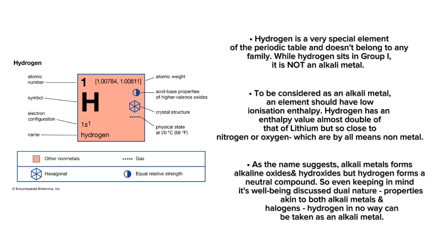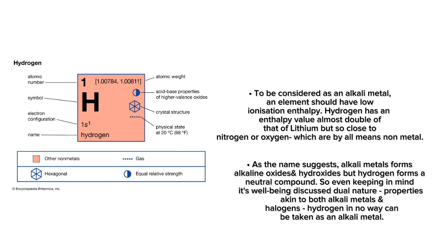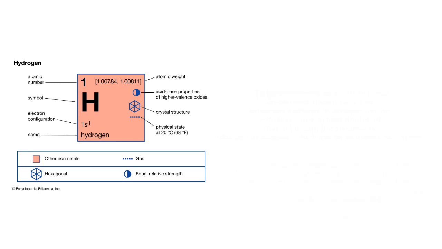As the name suggests, alkali metals form alkaline oxides and hydroxides, but hydrogen forms a neutral compound. So even keeping in mind its discussed dual nature, with properties akin to both alkali metals and halogens, hydrogen in no way can be taken as an alkali metal.